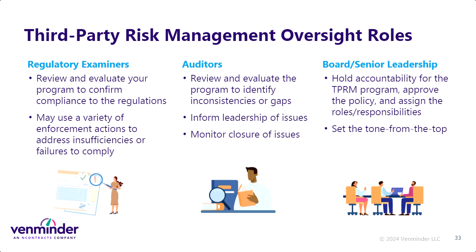That could be everything from a consent order where you're publicly notified that you have to correct an issue, to fines, which can be quite large in some circumstances, or even a cease and desist, which actually prevents you from acquiring any new business until the issue is corrected.